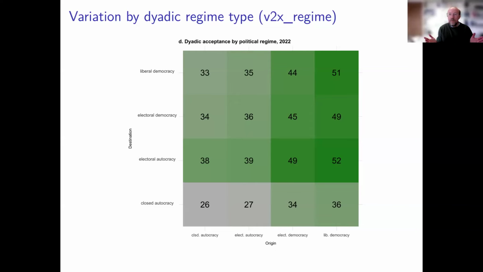Dual citizenship should be more easily accepted between democracies compared to non-democracies. And that's also what we see when you look at the bottom left corner. Only 26% of the closed autocracy combinations accept dual citizenship, whereas of the liberal democracy combinations, 51% of the dyads accept dual citizenship.